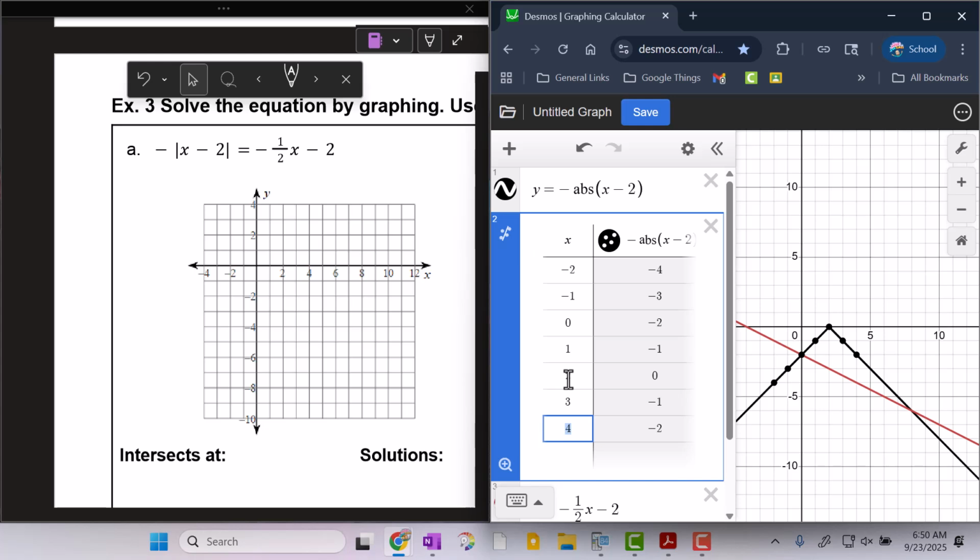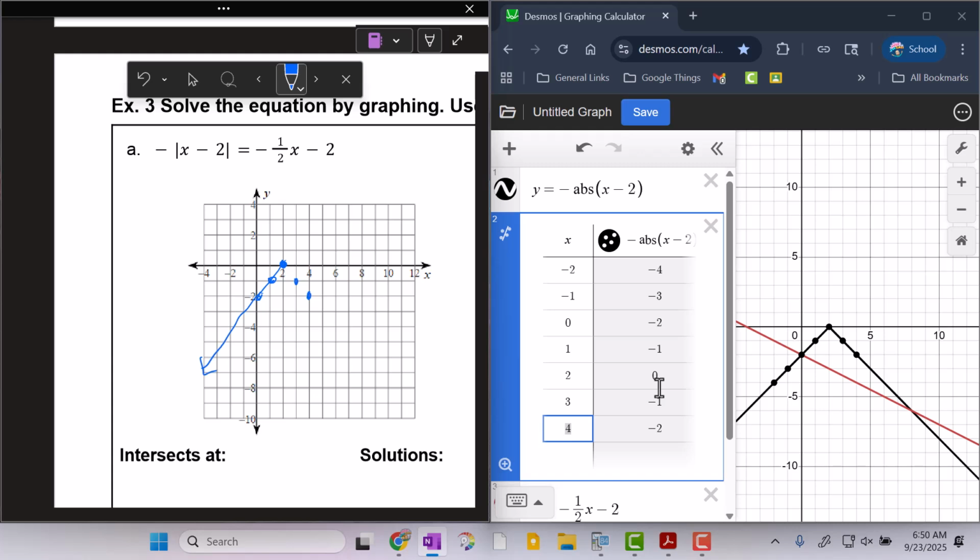So our vertex is at 2, 0. That's our vertex. And then we have points there and there and there. It's negative, so it's opening down.